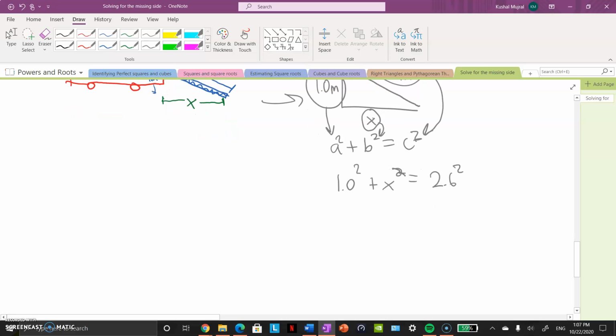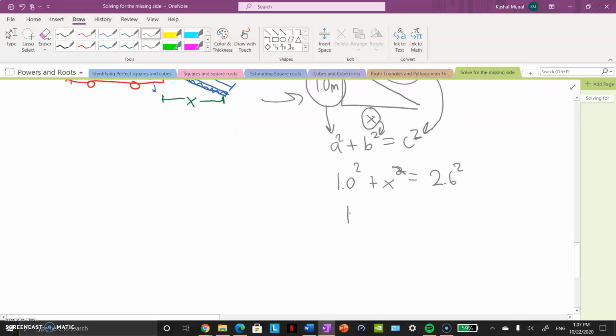Okay? 1.0 squared is just 1, because 1 times 1 is 1, plus x squared equals 2.6 squared, so we'll take 2.6 multiplied by 2.6. We're left with 1.56, and then 2 times that is 5.20.